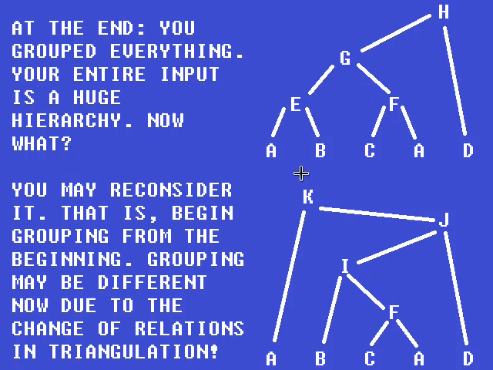However, the atom B is no longer attaching itself to A. After triangulation, for instance, it might rather decide to attach itself to F and form the new atom I and change the entire hierarchy. For that reason, reconsideration is something which is going to make your system smarter and more consistent.